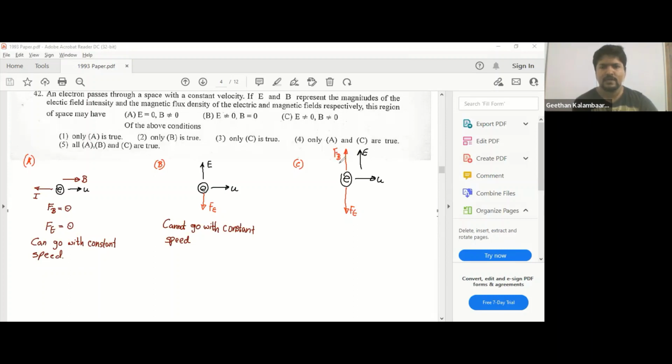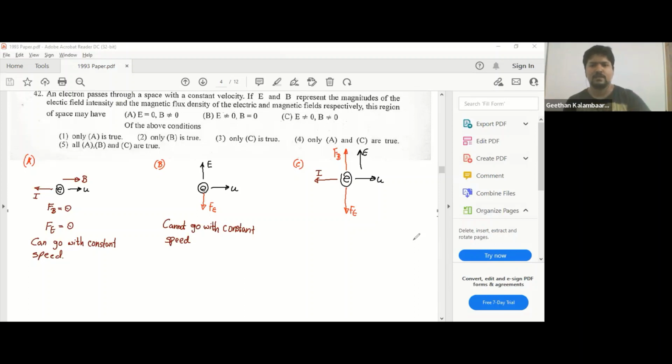So how do you get an FB towards this direction? You know the current direction is towards this side. So we can apply FB, I and B, Fleming's left hand rule. FB is upwards, I is towards that direction.